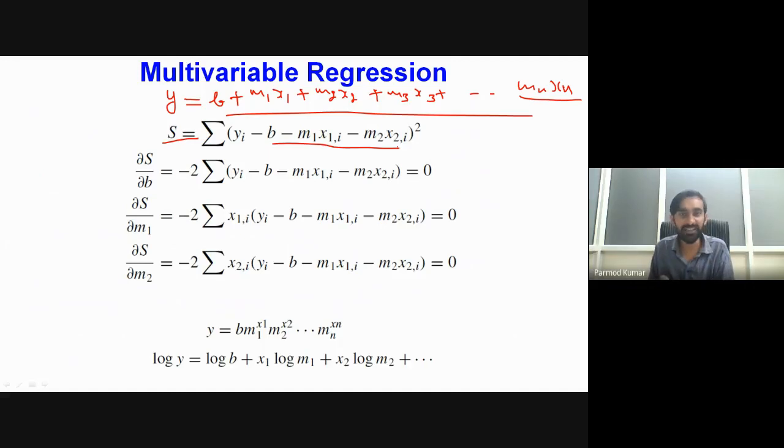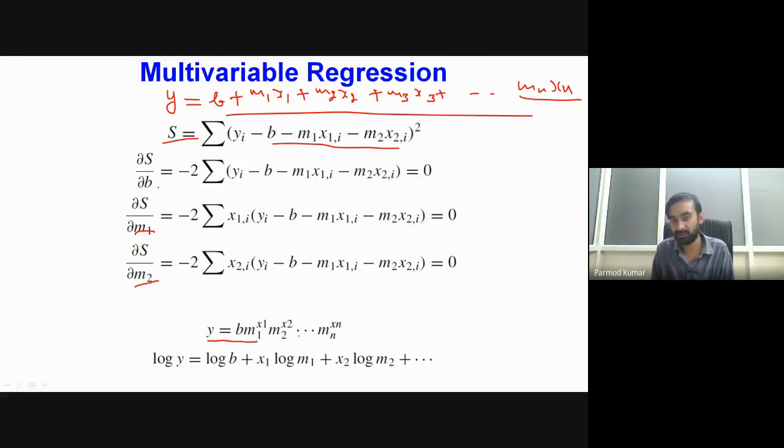In this particular case, the formulation is shown for only two independent variables, x1 and x2. So we have to minimize this with respect to coefficient b, coefficient m1 and coefficient m2.